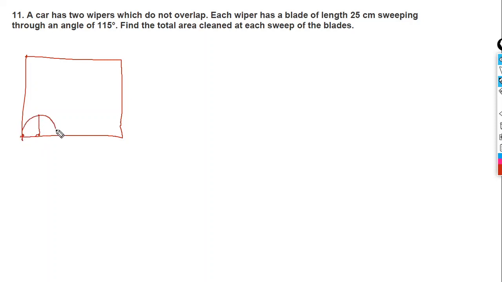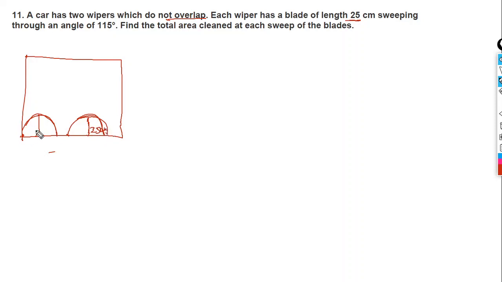It will clean this much area. Another wiper is here. It will clean this much area. The two wipers do not overlap. Each blade is 25 cm, so this radius is 25 centimeter.